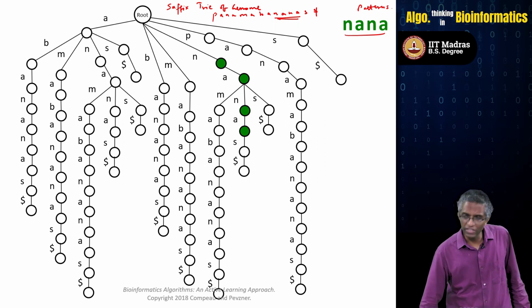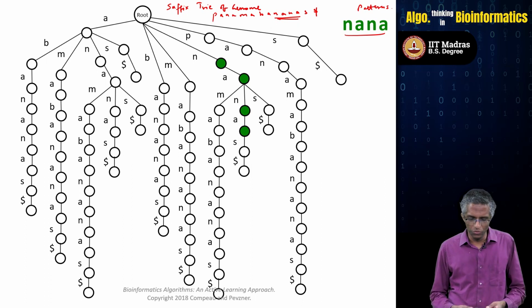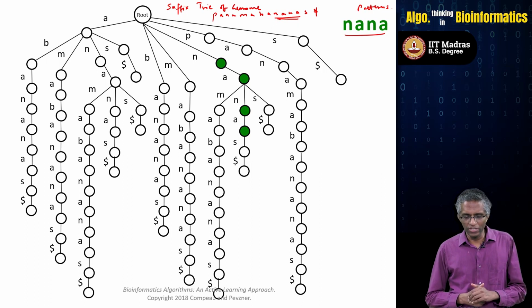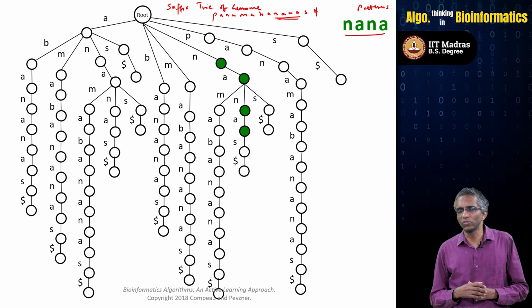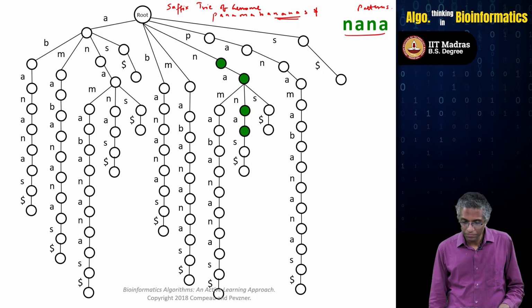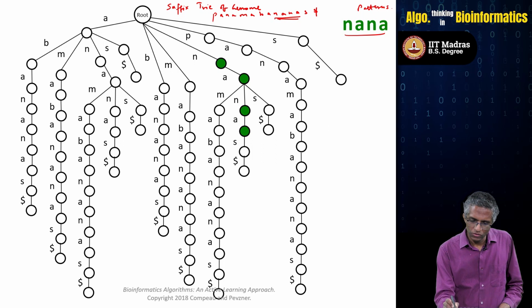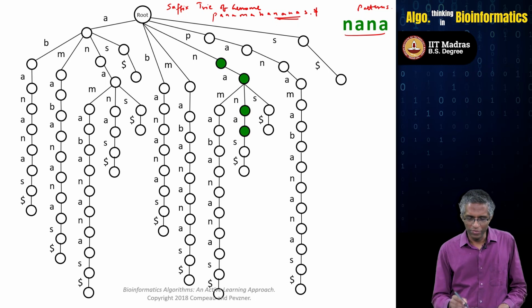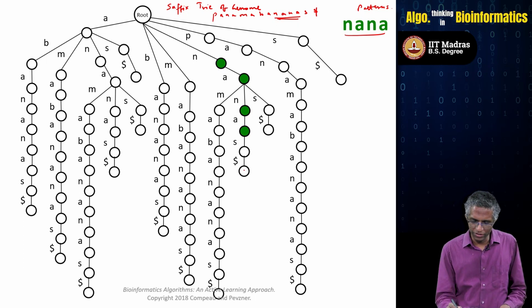I want you to think about it a bit and see what attributes you can add to some of the nodes in this trie so that you can remember the location where it is coming from. So this NANA dollar is occurring at location 9, that is the 9th suffix. Maybe I can add 9 over here in the final node.